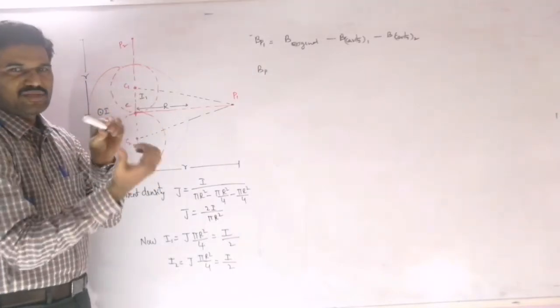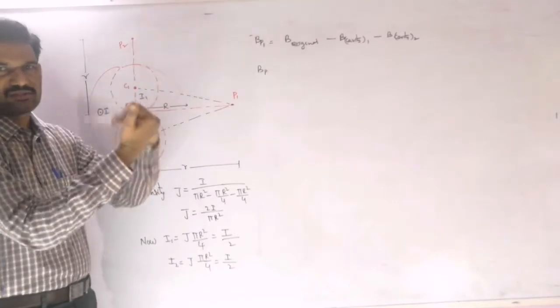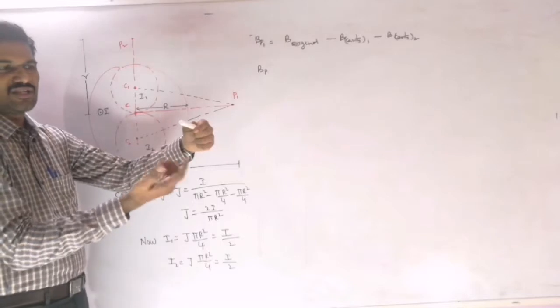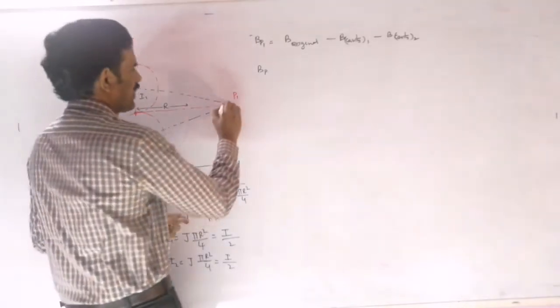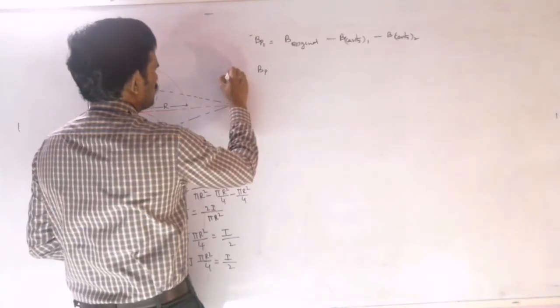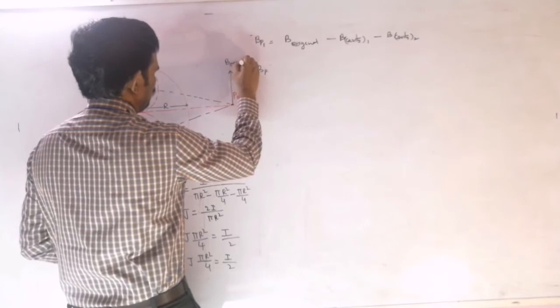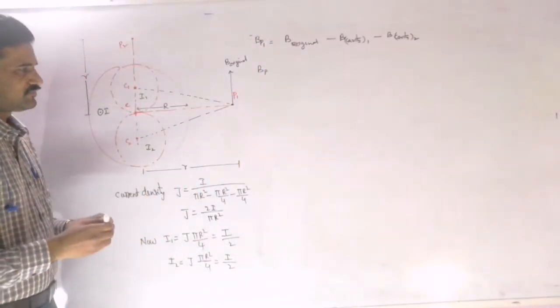So the magnetic field lines will be around like this. Here our point P1 is on this side, so there the tangent will be in the upward direction. So the magnetic field at this point will be upwards due to this original.